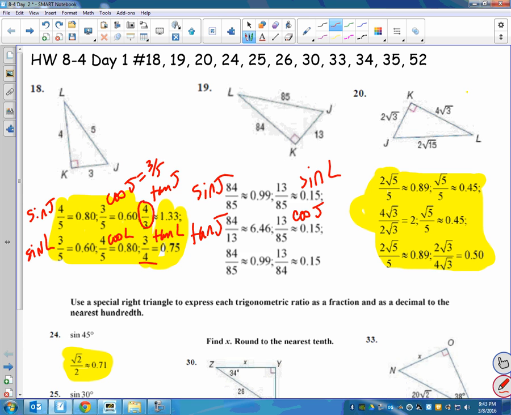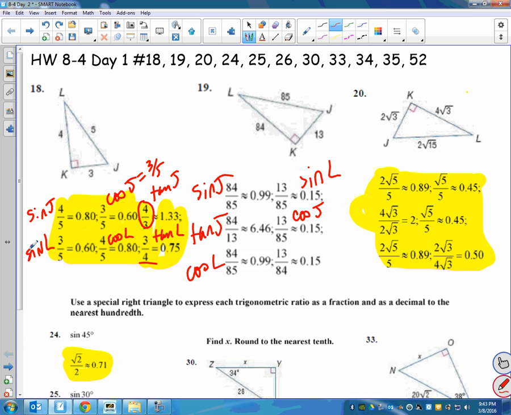So then 84 over 85 would also be cosine of L.